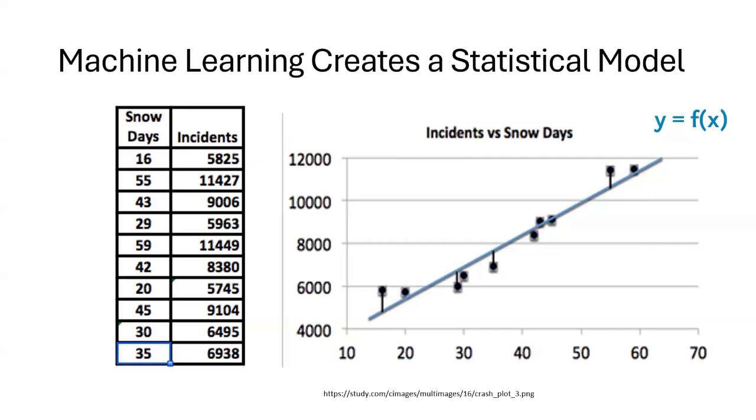With this slight change: now we have the trend of this pattern that we've seen in the past, and let's say there's a new year coming up and you're in charge of the Department of Transportation in your state, and you want to know how many people you should hire, or how many emergency vehicles or nurses you should prepare, for these road incidents.